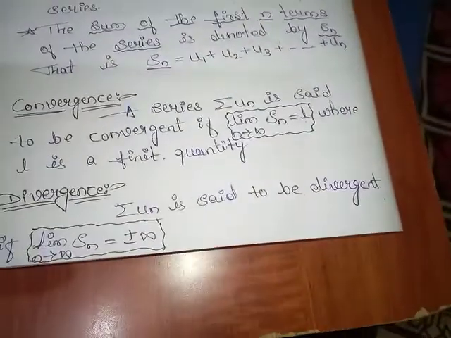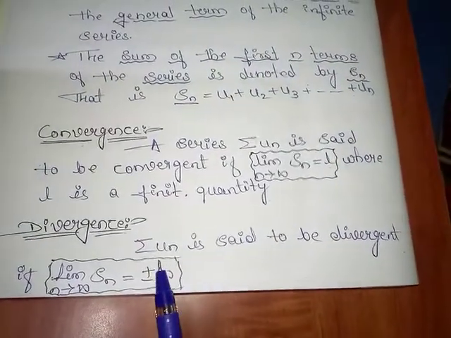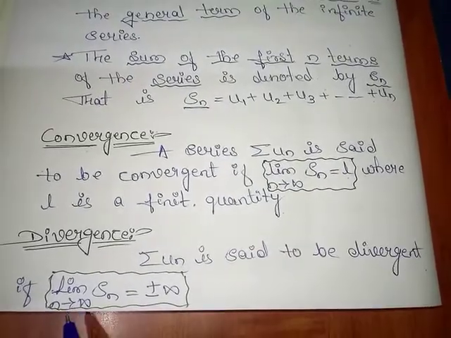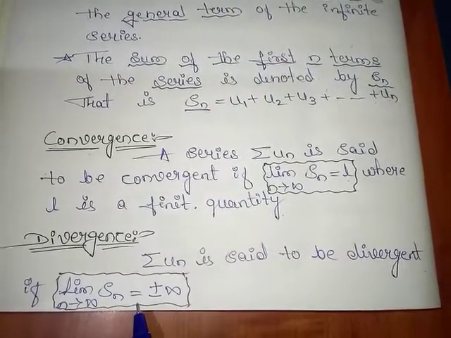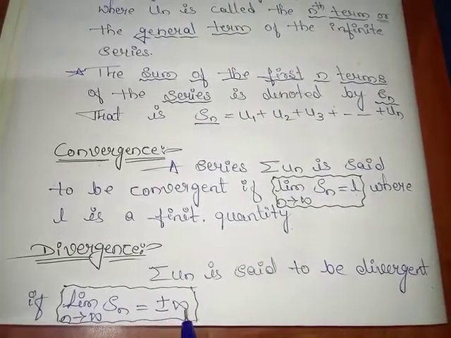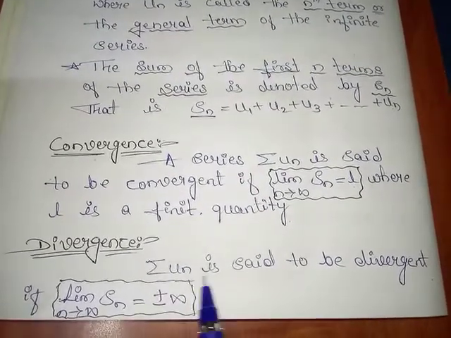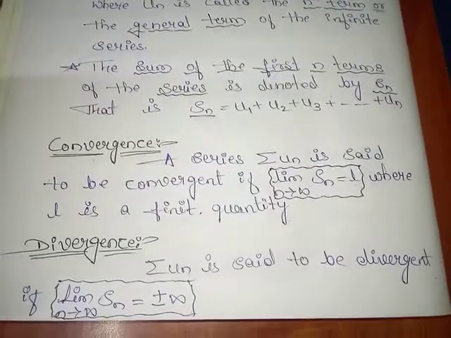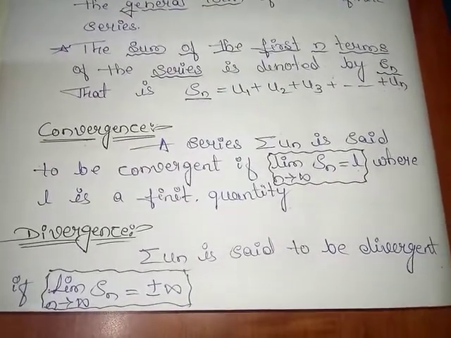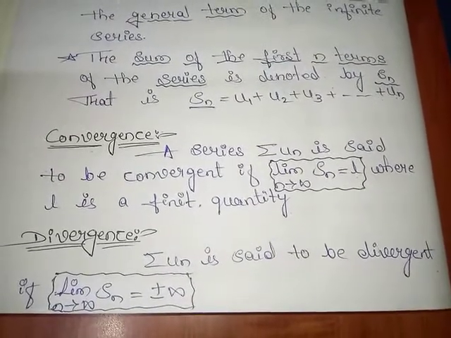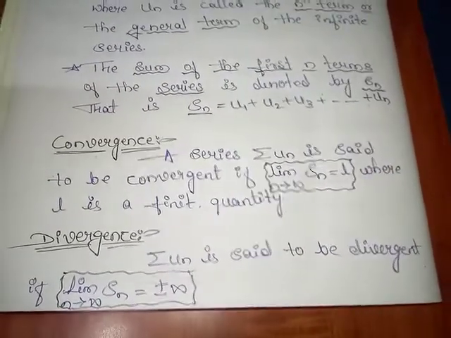When do we say the series is divergent? Summation un is said to be divergent if limit n tends to infinity, Sn is equal to plus or minus infinity. It means when you apply the limit to that series, you will get plus or minus infinity, an infinite value.